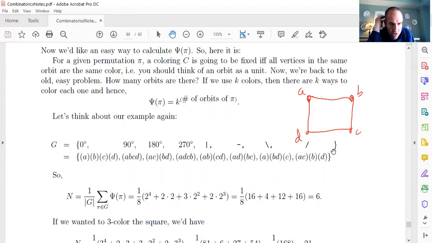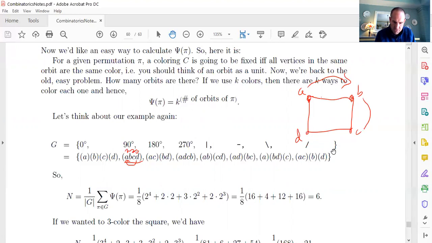Then A goes to B, B goes to C, C goes to D, and D goes back to A. That's how the cycles work. So that's the 90-degree rotation, and that's what's happening with that particular one.